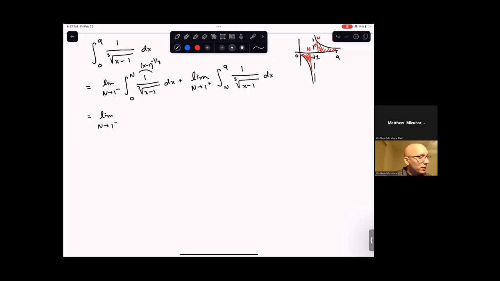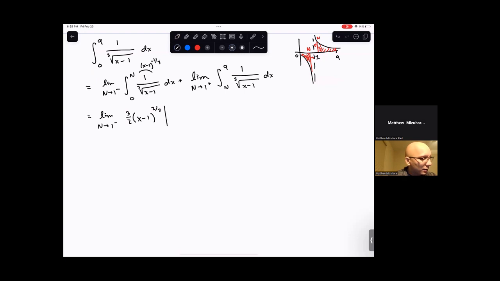Properly you could use a u sub, but because this is just x minus 1 on the inside, I know u sub will work really nicely. There's no extra factors. So I can just get the antiderivative as x minus 1 to the, so I need to add 1, there's going to be 2/3, and then divided by 2/3 is the same as 3/2. So 3/2. That's my antiderivative.